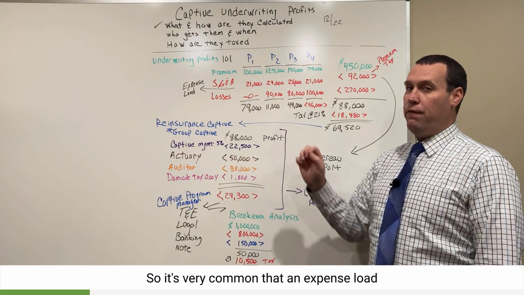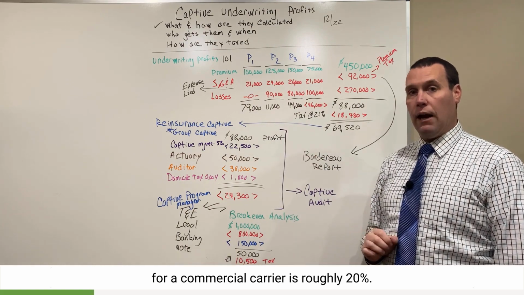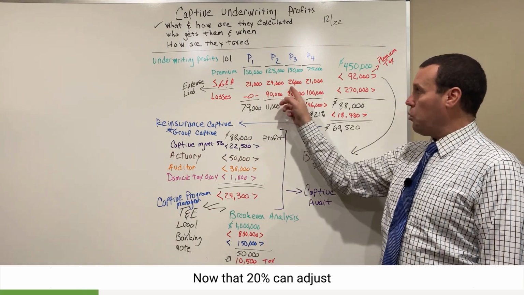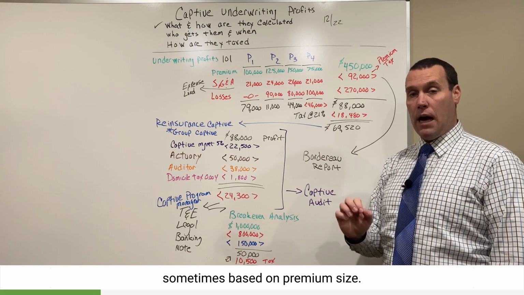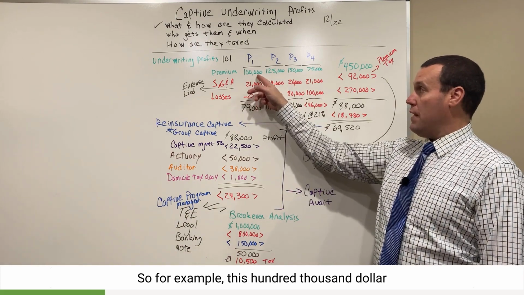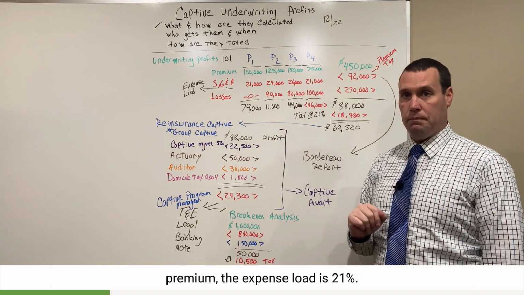It's very common that an expense load for a commercial carrier is roughly 20%. Now that 20% can adjust sometimes based on premium size. So for example, this $100,000 premium, the expense load is 21%.